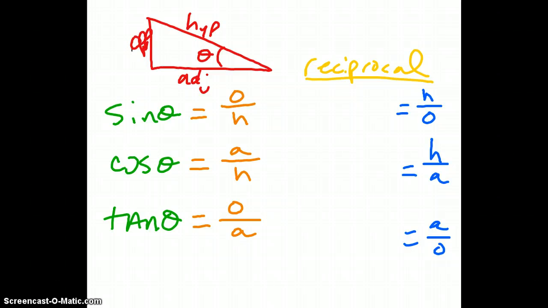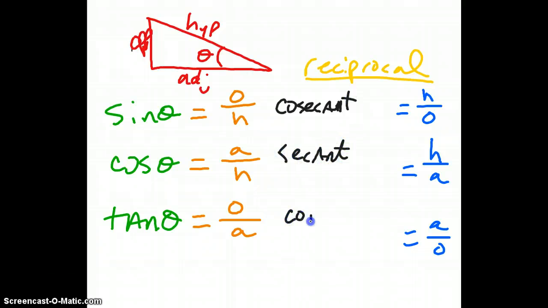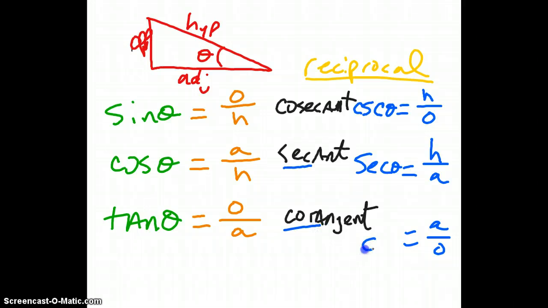What are these called? These are called the cosecant, the secant, and the cotangent. They're abbreviated CSC of theta, the secant is secant of theta, and cotangent is abbreviated cot.